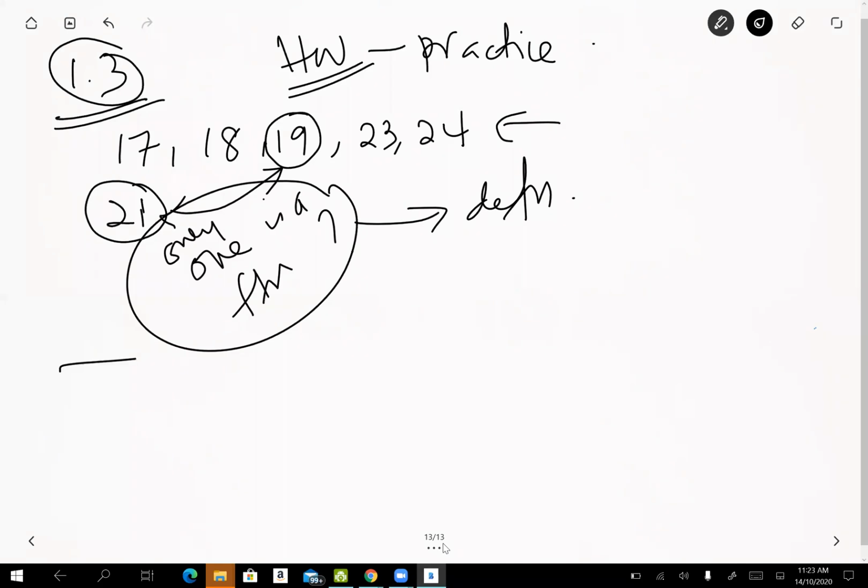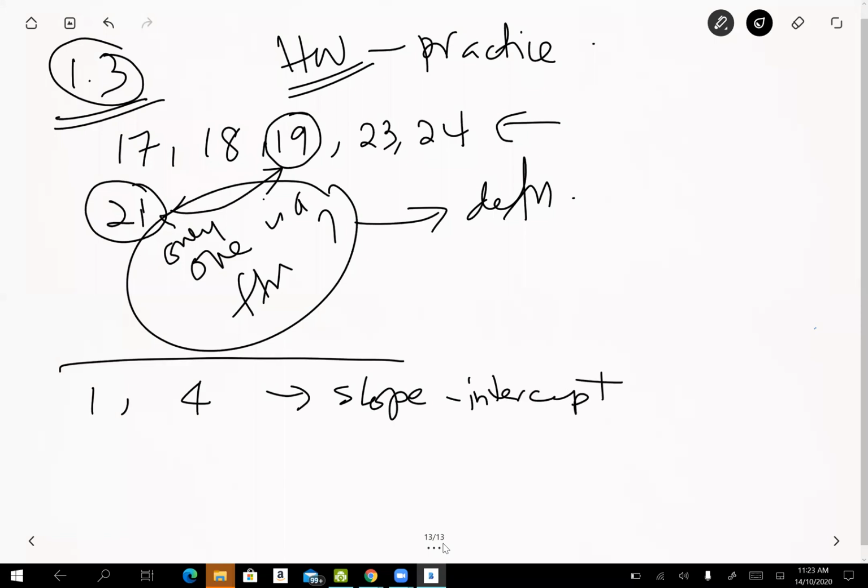Then I would like you to also do some questions from the general form. So number 1 and then number 4. Given the general form, I want you to rewrite it in terms of the slope-intercept form.